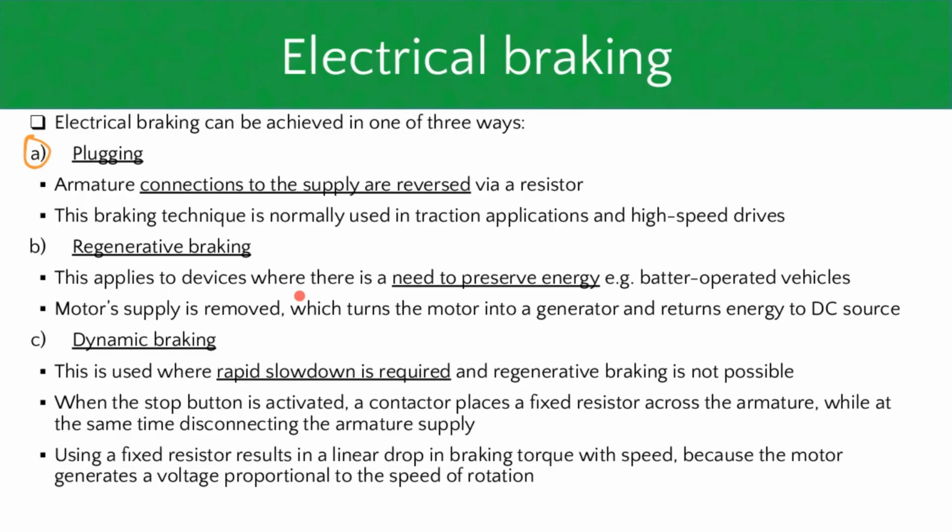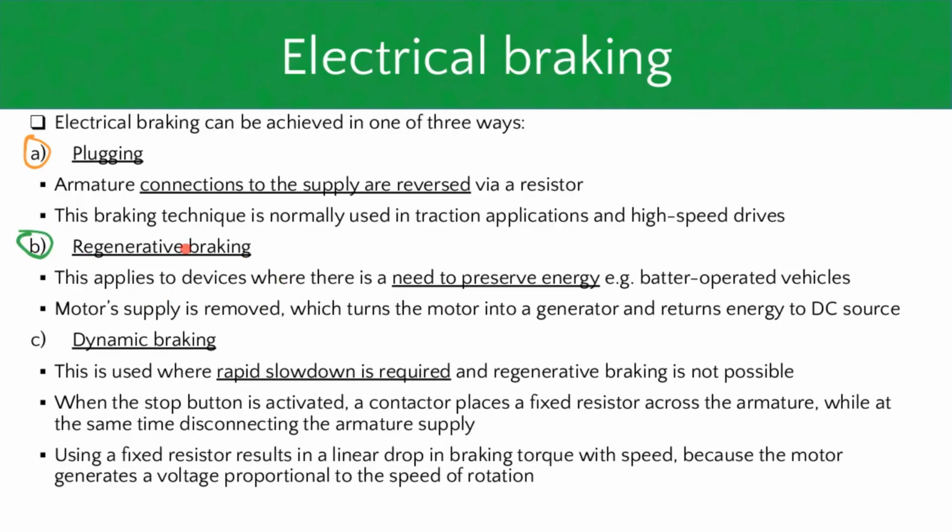You basically disconnect the armature and then short circuit it with a resistor. That causes your motor to become a generator essentially, and the high amount of current within the armature is then going to stop the armature from rotating, again exploiting Lenz's law. Hopefully you still remember Lenz's law.